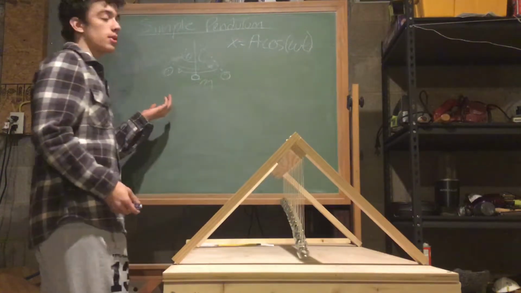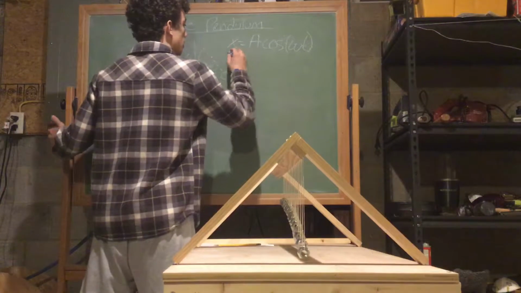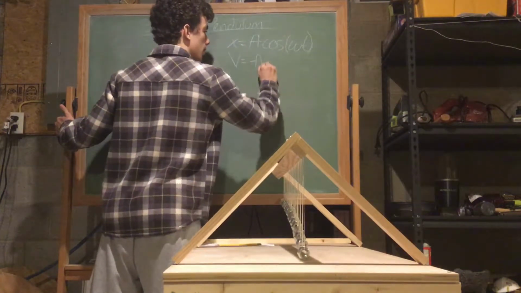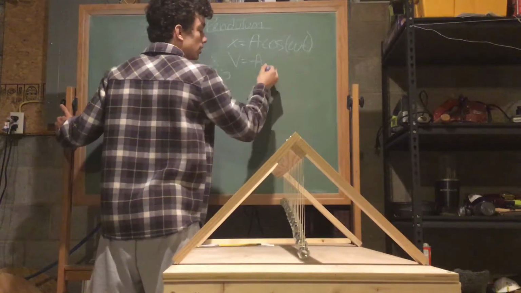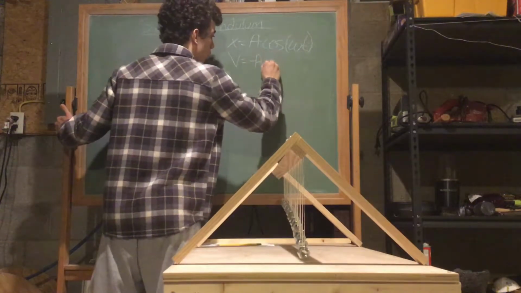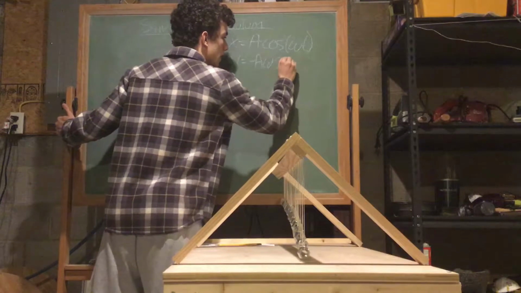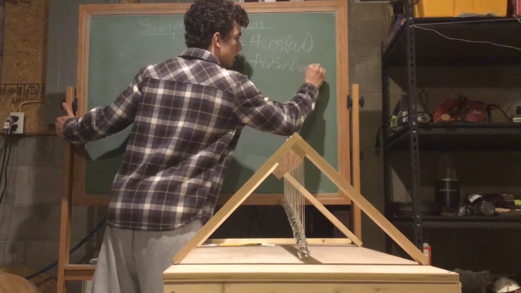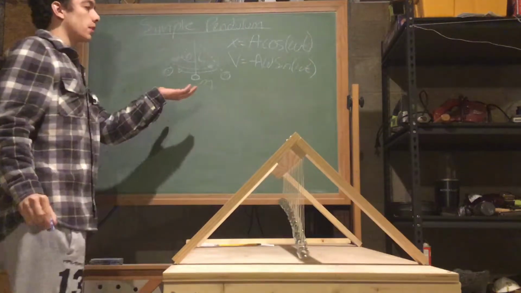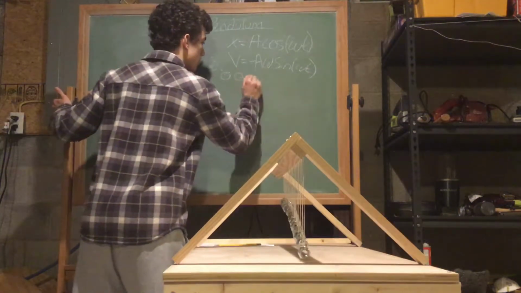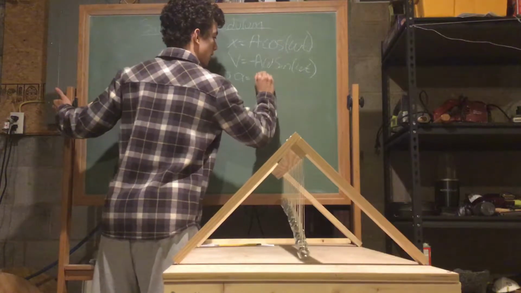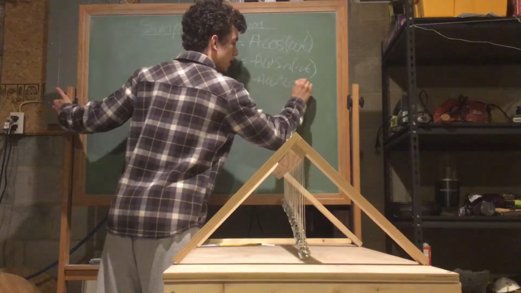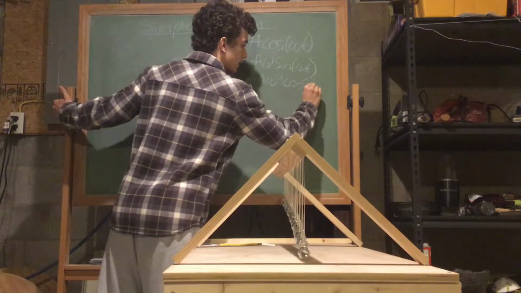To solve for the velocity, the equation v equals negative A omega sine omega t is used, and for acceleration it is just negative A omega squared cosine omega t.